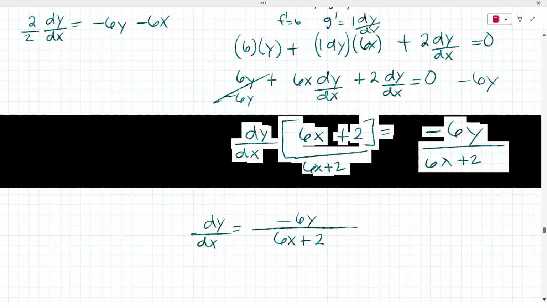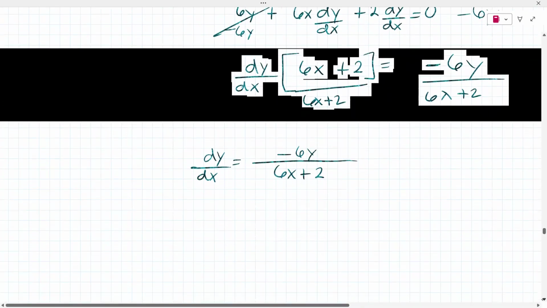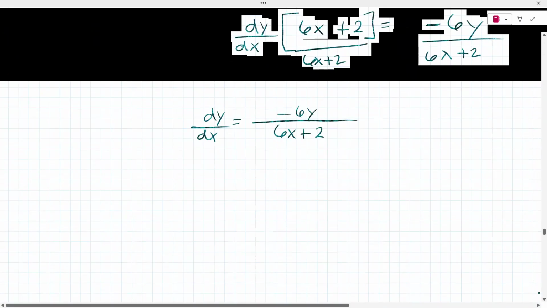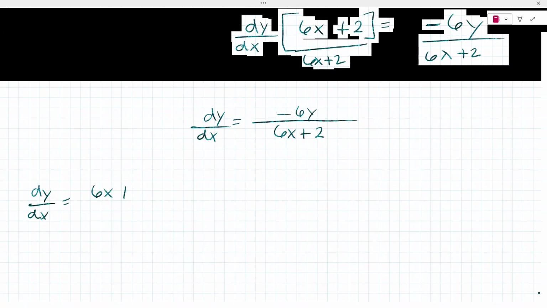Okay, so let's compare both of the derivatives. What can we say? So the derivative of the first equation was dy dx equals 6x plus 2 over 6y. And then this derivative here is dy dx equal to negative 6y over 6x plus 2.